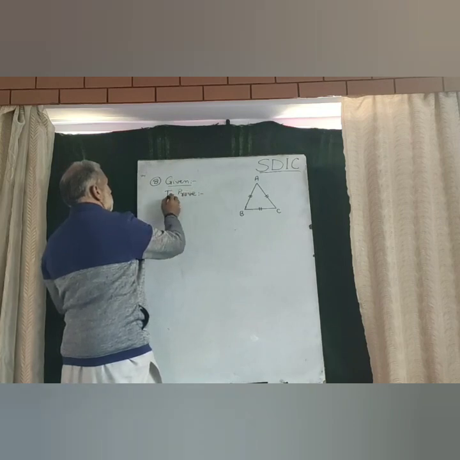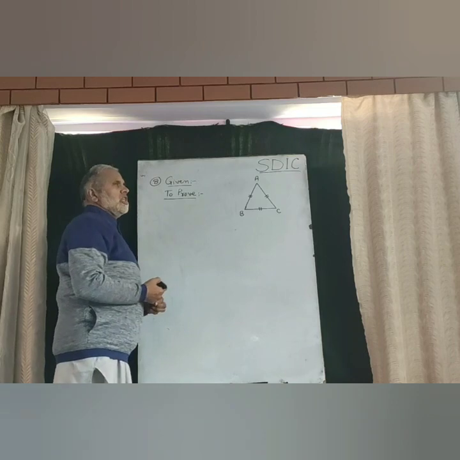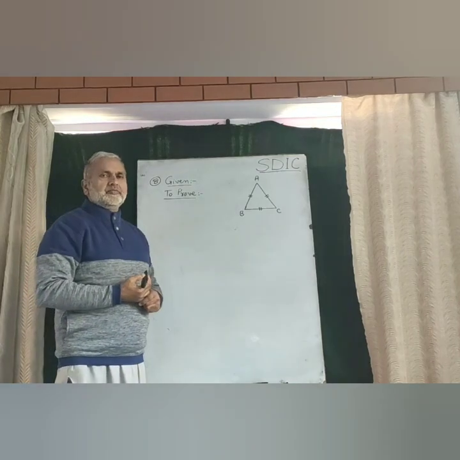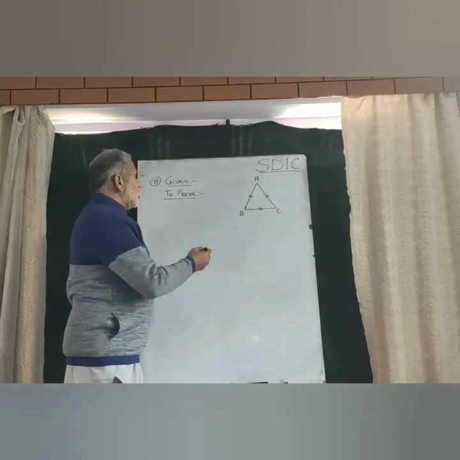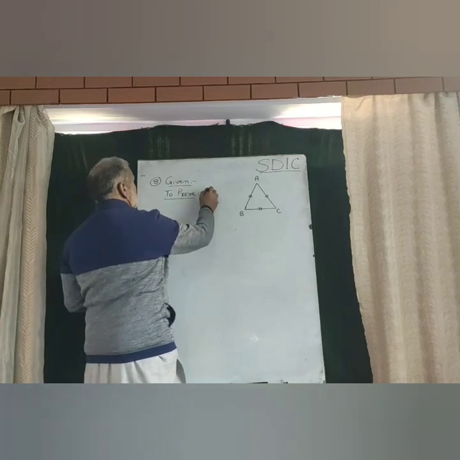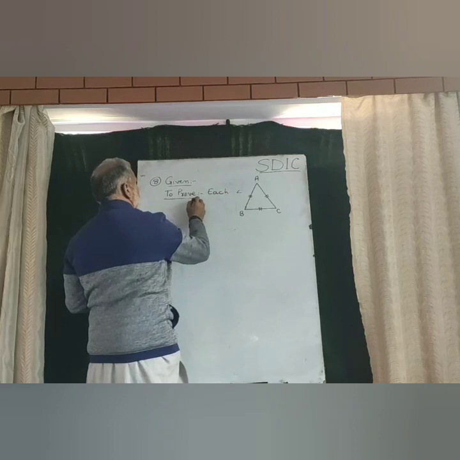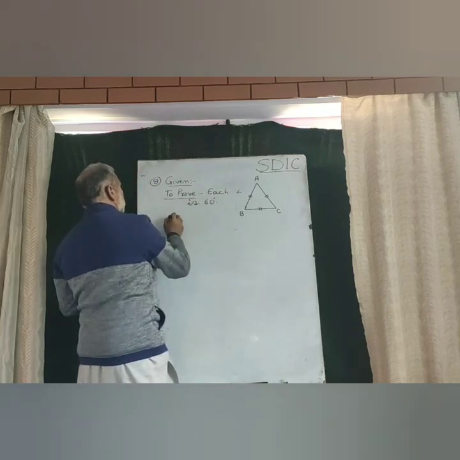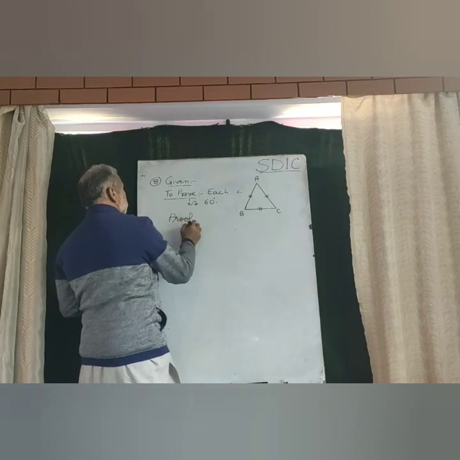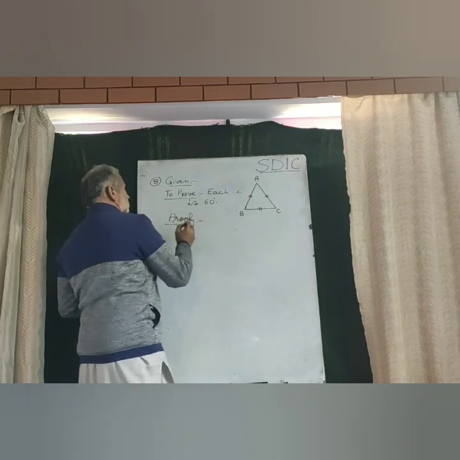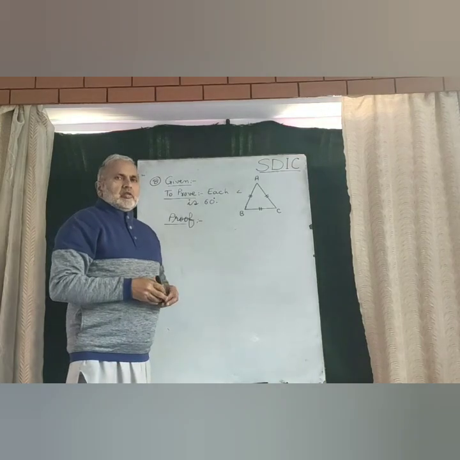Wherever we have the word show or prove, we write the word to prove for that. We have to prove each angle is 60 degrees. Then proof.